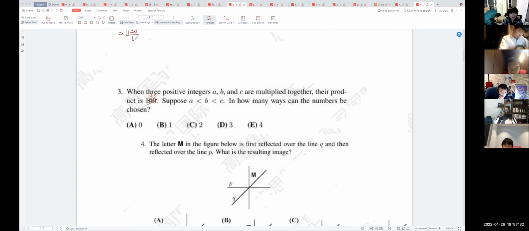120 divided by 2, 60 divided by 2, 30 divided by 2, 15 divided by 3, 5, right? So this one obviously has more. So we think about 1, 2, and 60. 1, 3, and 40. 1, 4, and 30. 1, 5, 24. 1, 6, 20.